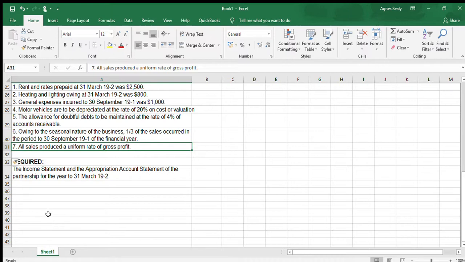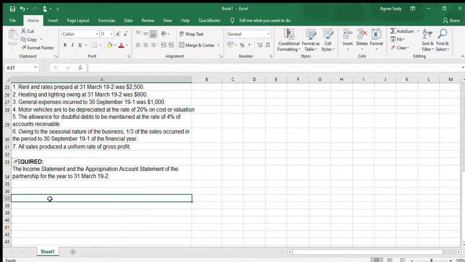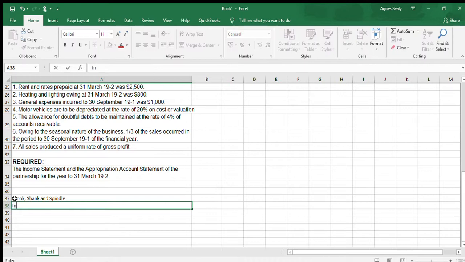So let's set up for our income statement and statement of appropriation. So we have Crook, Shank, and Spindle. Income statement and statement of appropriation.